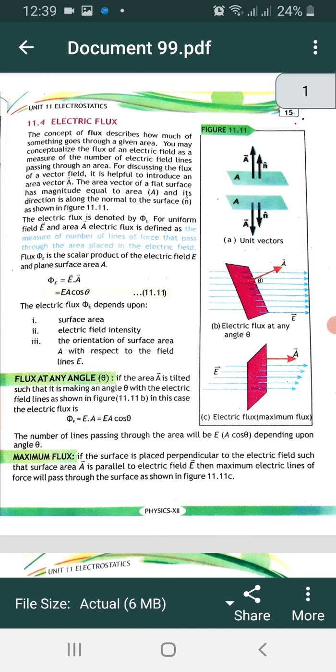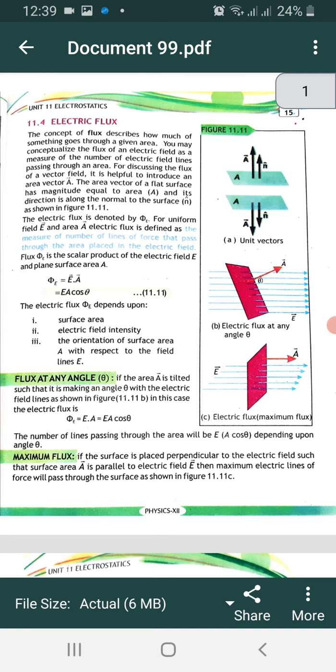This theta is not a specific one. I mean this is not 90, this is not 45, it could be any arbitrary angle, depending upon the situation. It could be perpendicular, it could be 90, it could be 45, right? Depending upon the situation, and accordingly we will define this vector area.